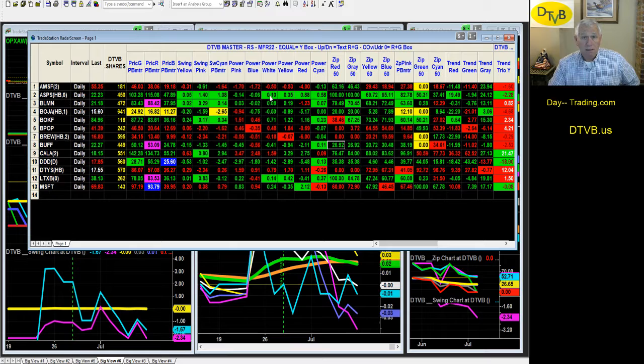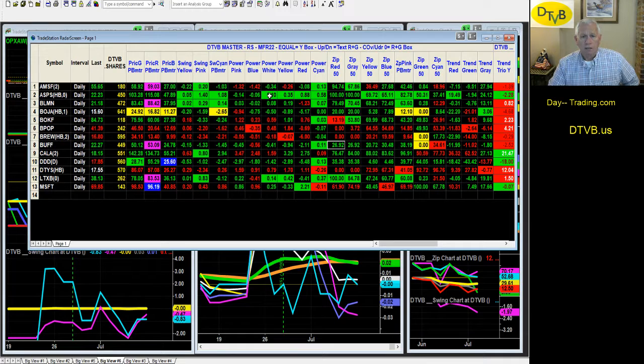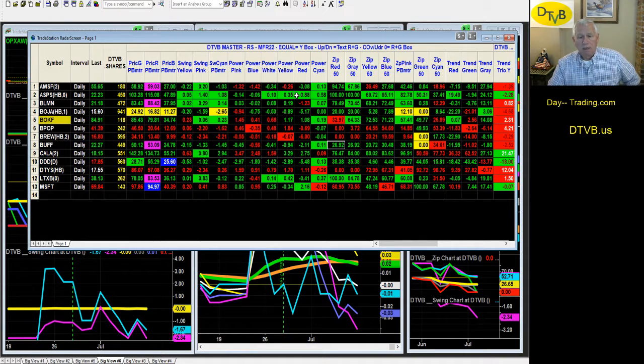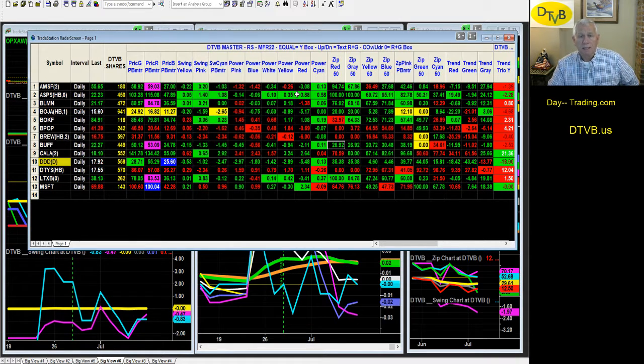That means a lot, because the power red is obviously the most powerful crossover indicator, but when you have a number of them crossing over, obviously it could be a gap up, but you can get into the stock early, and it'll give you the ability to trade that during the day.